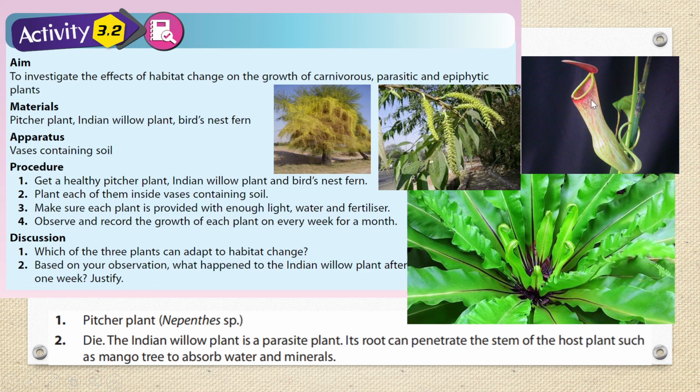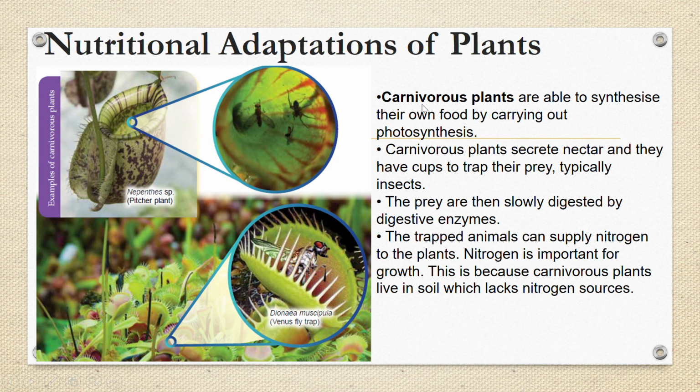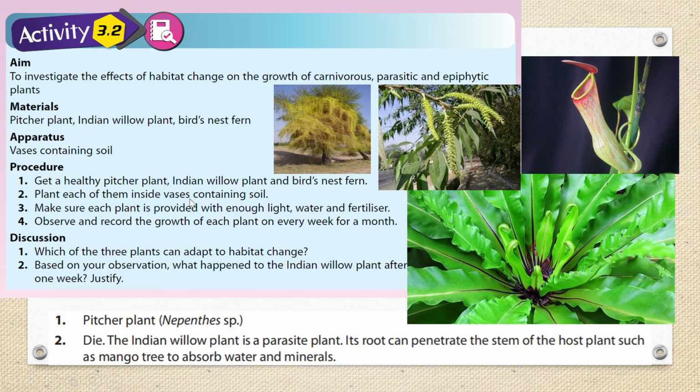As for the pitcher plant, it is a carnivorous plant. The soil in the vase might not have enough nitrogen supply, but they can still trap insects, which will supply nitrogen for them, where they get their nitrogen source and enable them to thrive.